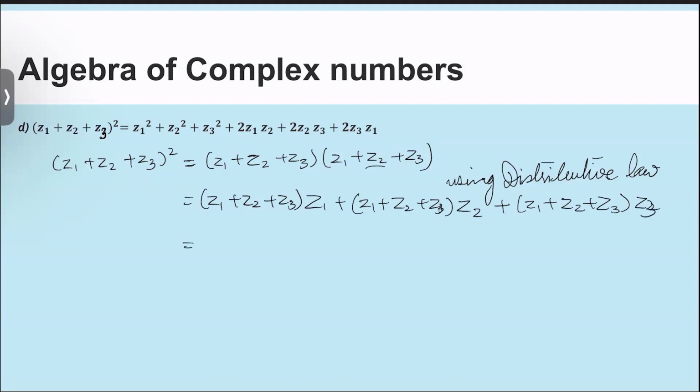Okay, so now you expand them all. We have Z1 squared plus Z2 Z1 plus Z3 Z1.